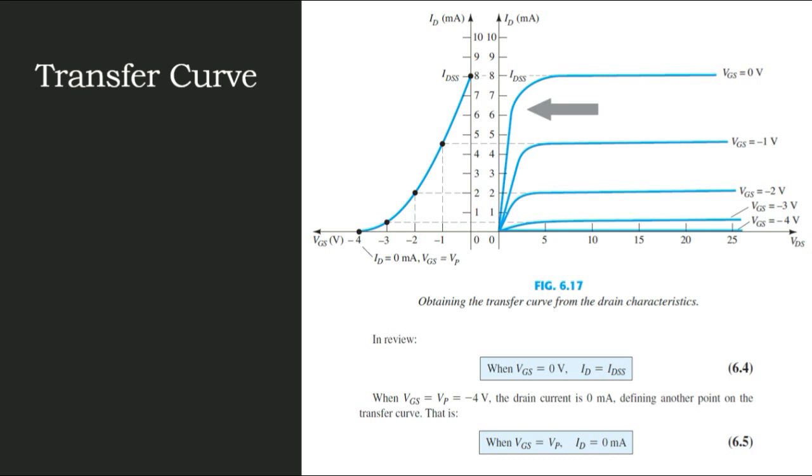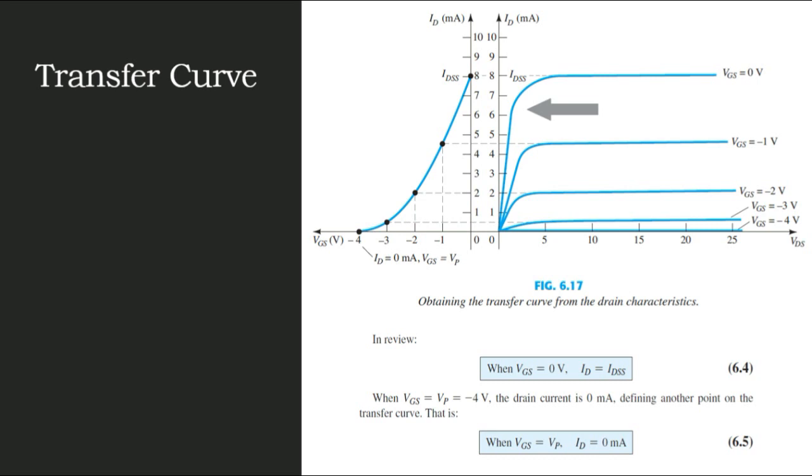In the left portion of figure 6.17, we can also observe that when VGS is equal to minus 4, which is the pinch off voltage, then the drain current, which we have taken on the y-axis, is nearly equal to 0. This is another condition, and we have named it equation 6.5.